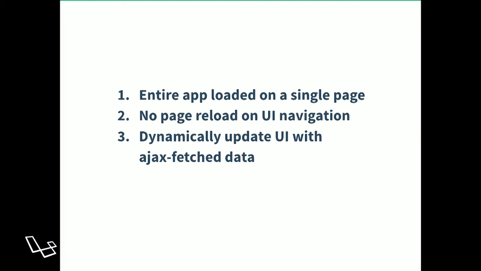But for single-page applications, there's no page reload. So what we do is we just dynamically fetch data over AJAX. We don't request a new page. We don't reload anything. We only request what's changed, which is the data, right? So once we get the data, we will dynamically render the view on the client side.